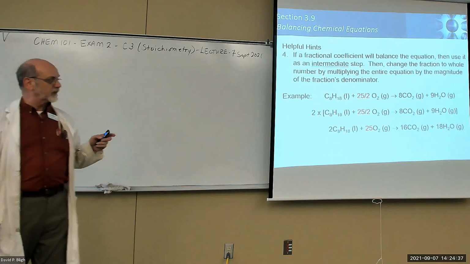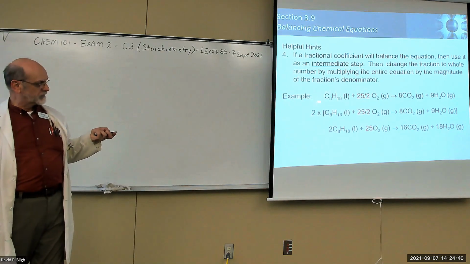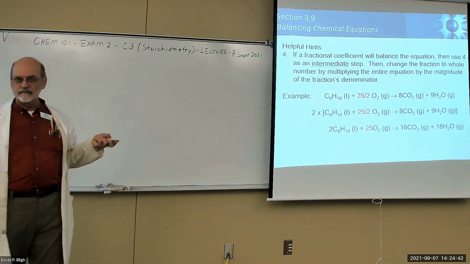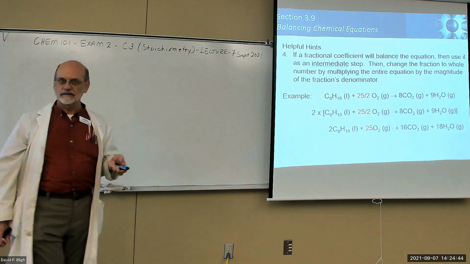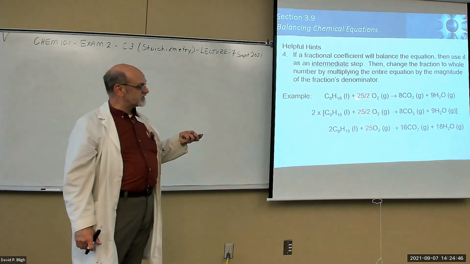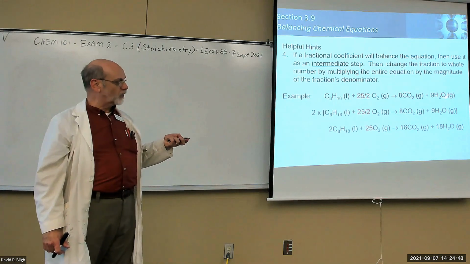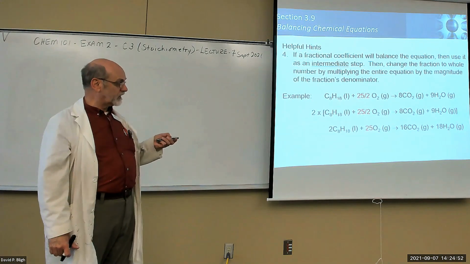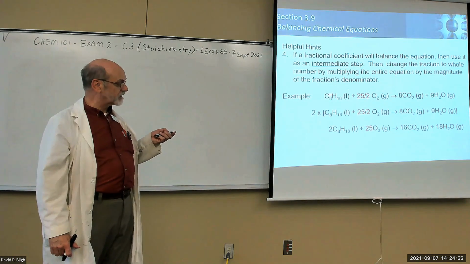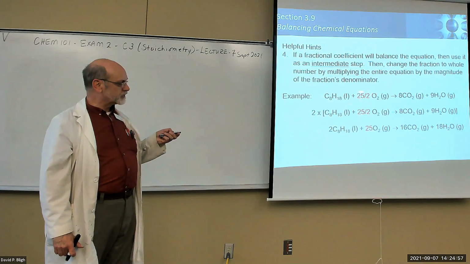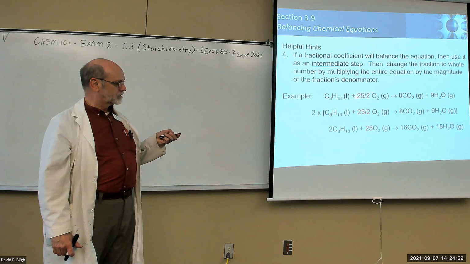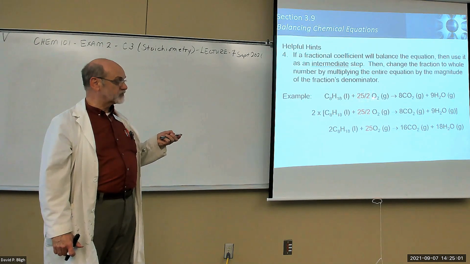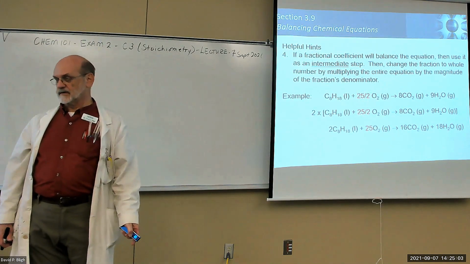Suppose you get to the point for this combustion, that's octane in your gas tank. And we're combusting and making carbon dioxide and water. Okay. We've reached the point in our calculation, in our balancing, where we used a fraction. 25 halves gives you how many oxygens? 25.